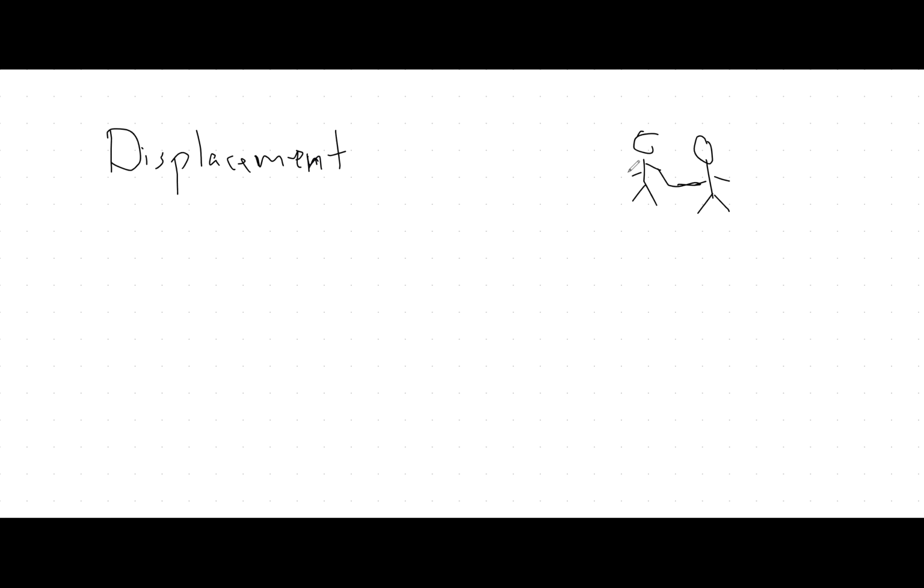Okay, so these are two friends, and they are good, and they are happy. This is Mr. X, and this is Mr. Y, and they have a good relation. Usually we hear about displacement with metals and non-metals, ionic bonds.